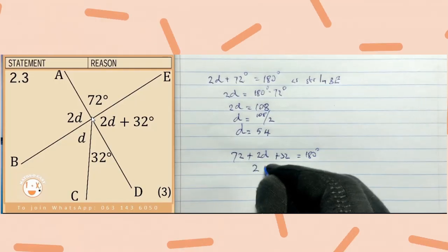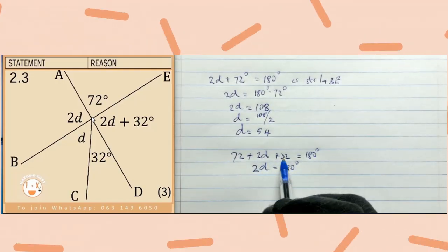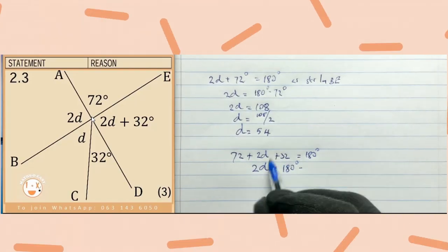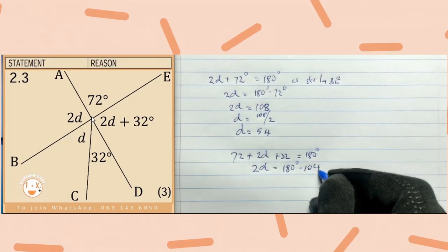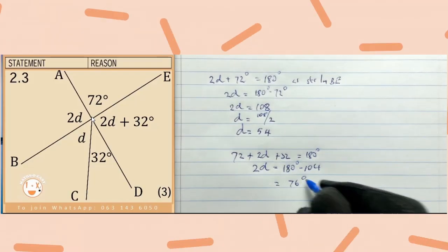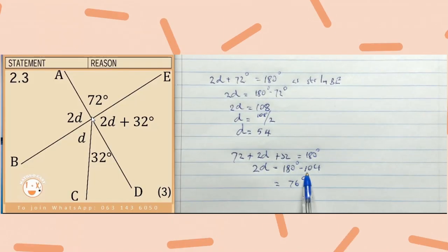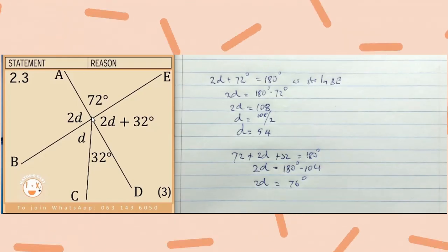So I am going to have a 2D, and then I'm going to have a 180. What do these give me? These give me 100 and then a 4. So I'll have 104. From that, if I take away 4, I will have a 76. And then the 100 and the 100 cancel. So it means I'm going to have 2D and 76.